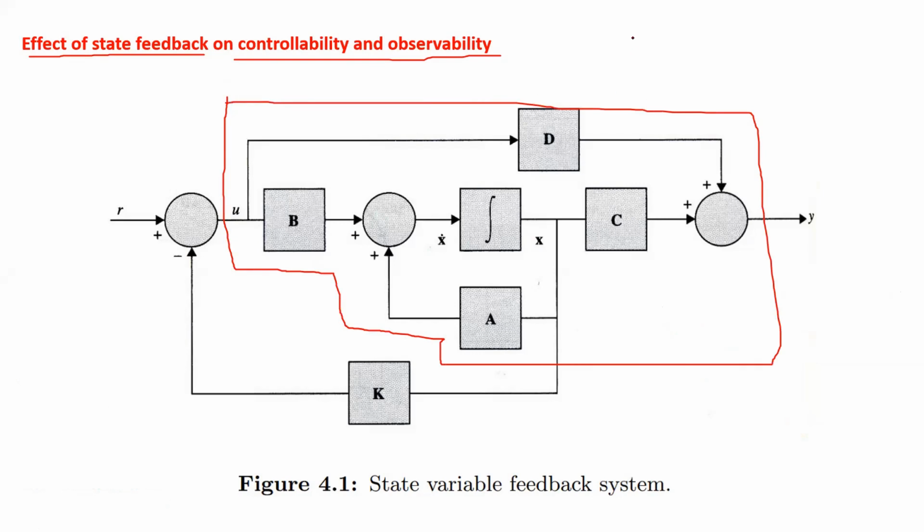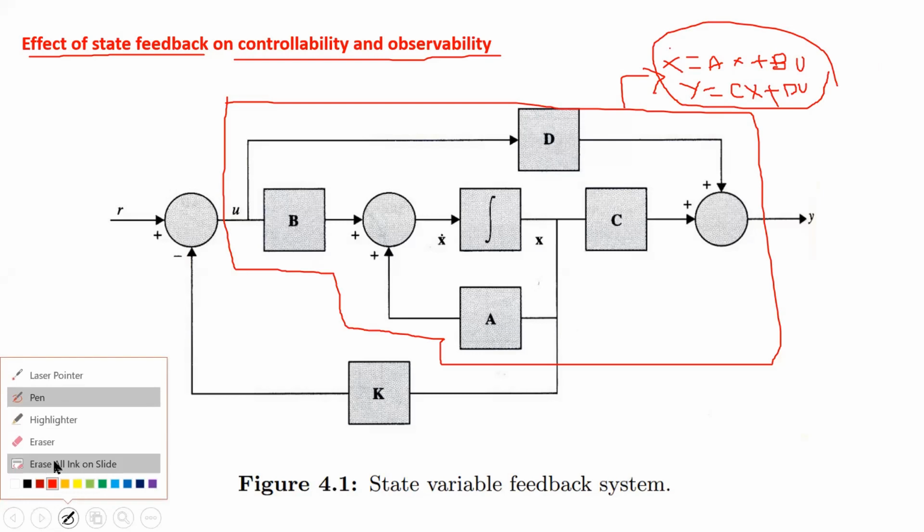This is for the state equation x dot is equal to Ax plus Bu, and the output equation y is equal to Cx, which we discussed in the previous class. So this red block diagram corresponds to the original state equation as well as the output equation.